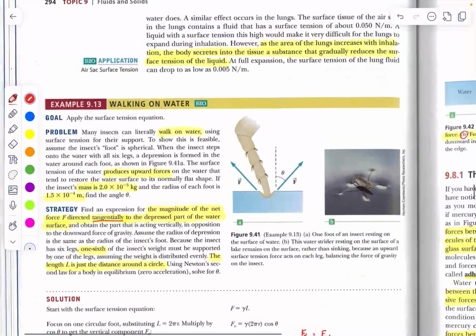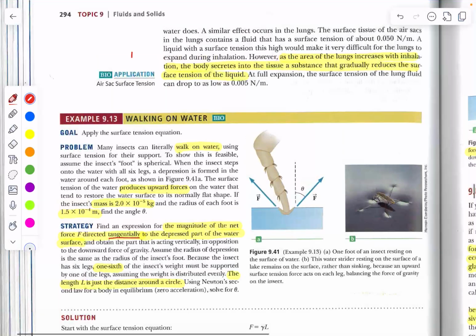This is also very important biologically. If you read through this section, and again, this is an application that is likely not going to be on the AP, not something you'd have to memorize, but it is an extraordinary example of intelligent design, God's genius.